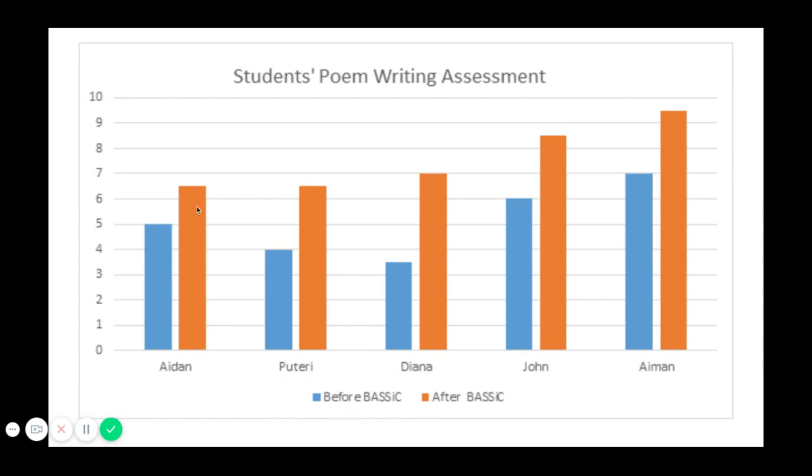As you can see, there is definitely a significant increment among these students where their poem writing assessment is concerned. Aiden initially had 5, and after the model was introduced, he scored a 6.5. If you look at John, he had 6 initially, and then he went up to a significant 8.5.